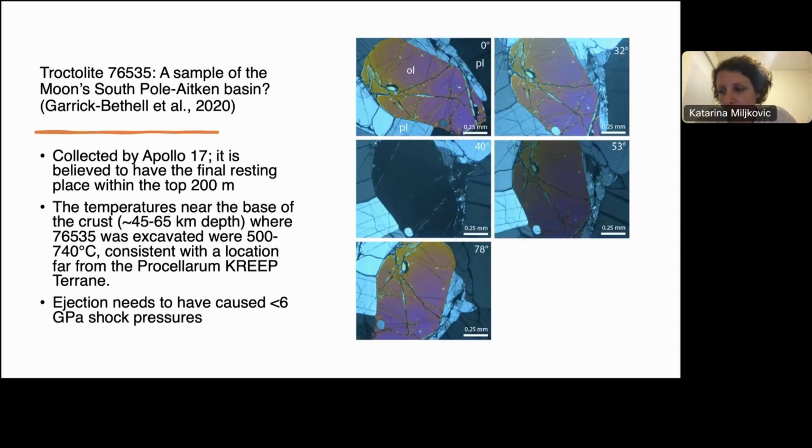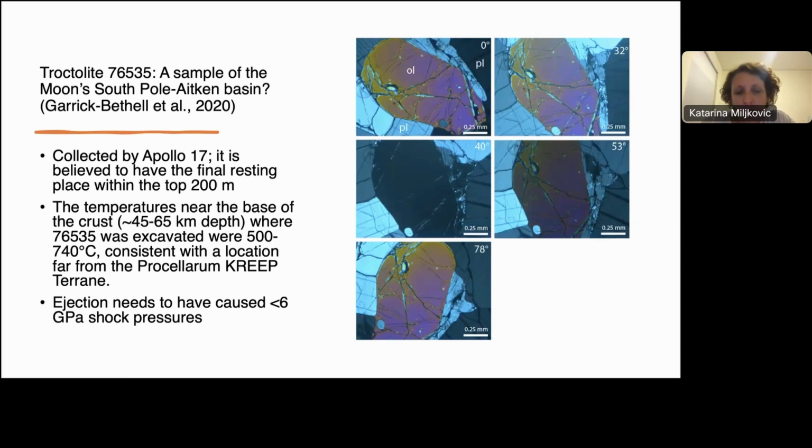The interesting part to me as a modeler was that the depth from which the sample was thrown out was estimated to be between 45 and 65 kilometers, which means quite deep mantle, but not at very high temperatures, not melt.